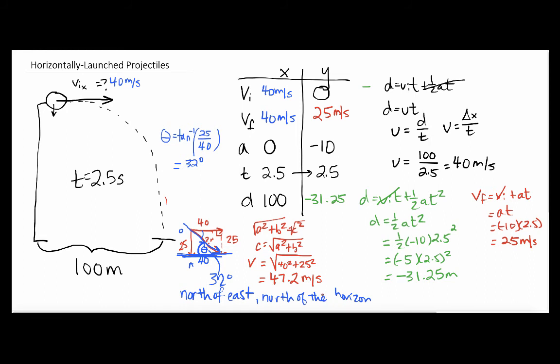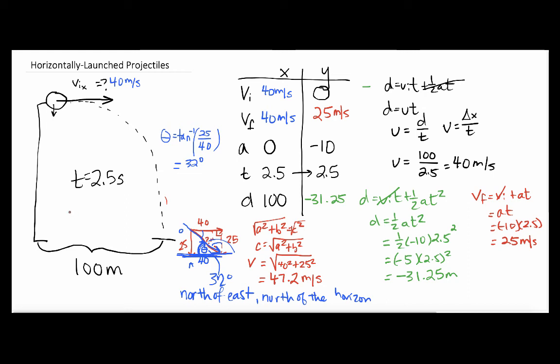You could also use compass directions. It's kind of tricky here, but you're just trying to say what angle you're looking at. We're looking at this angle. We're not looking at this angle here or this angle. So this just helps you know which angle. So it's north of the east-west axis or the x-axis.